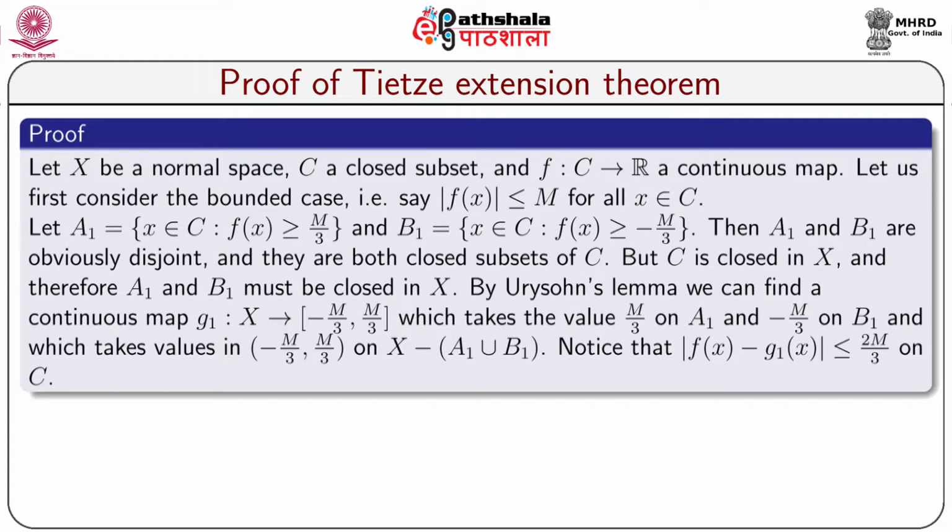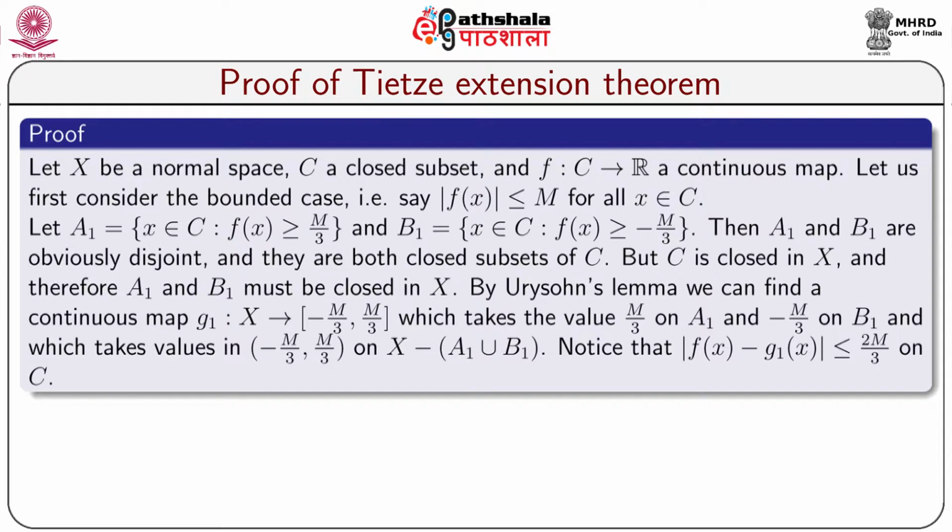Both A1 and B1 are closed subsets of C, but C is closed in X and therefore, A1 and B1 must be closed in X.